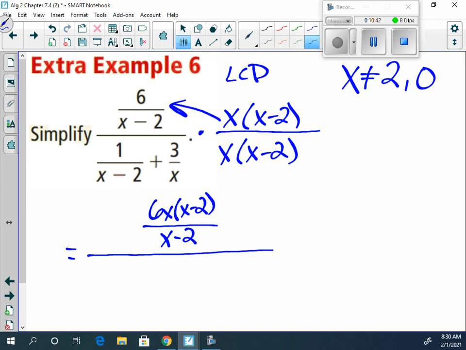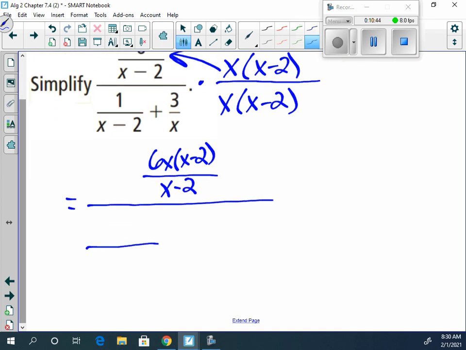Now in the denominator, our first fraction, again, this is going to multiply by the numerator, which is just 1, yes? It'll be x times x minus 2 over x minus 2. Plus, well, again, this is going to multiply by our 3, which would give us what?